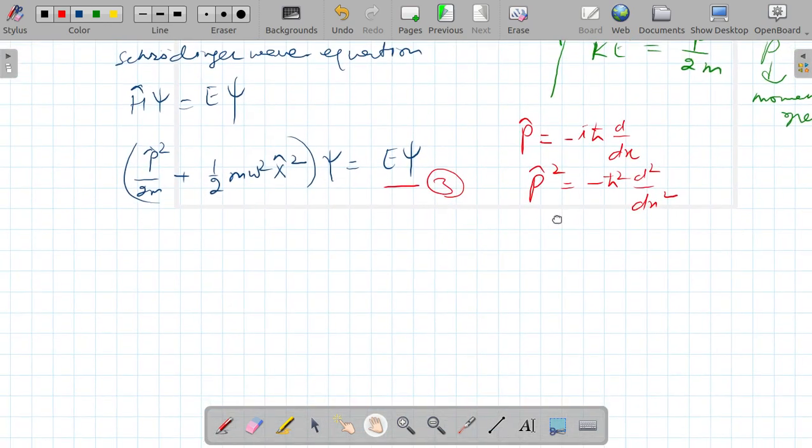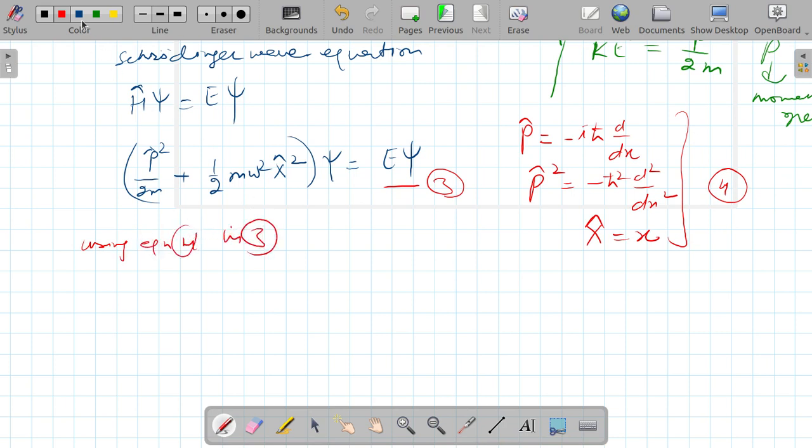So if I substitute these values in this equation, and also I know that the x operator is simply equal to x, using equation number 4 and 3, what I am getting is minus h cross square by 2m d square over dx square plus half m omega square x square, this psi is equal to E psi.